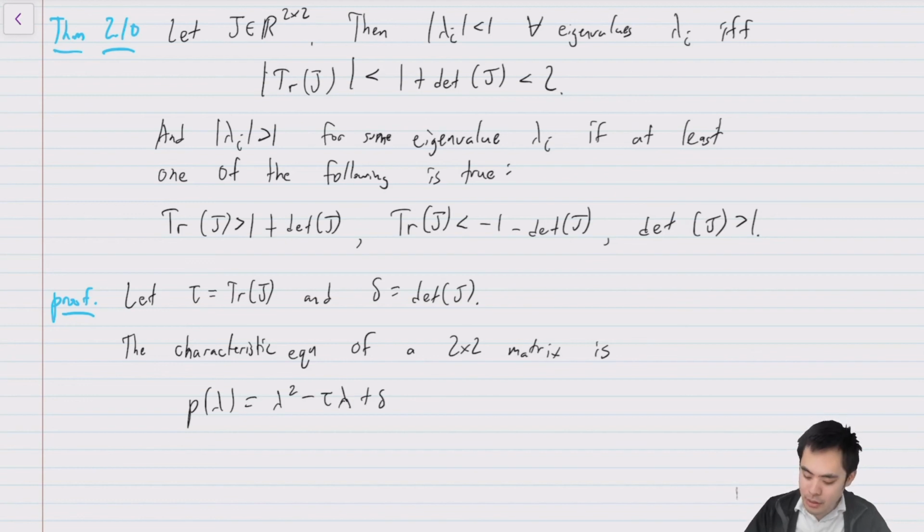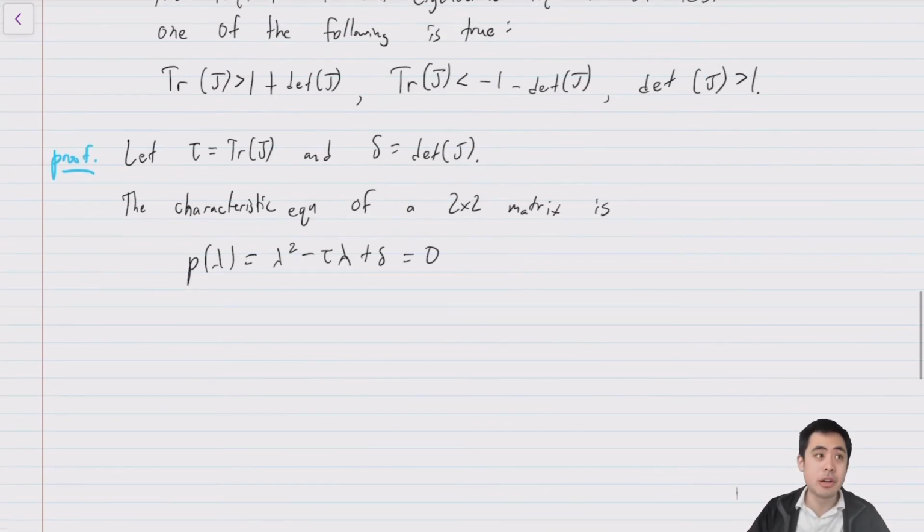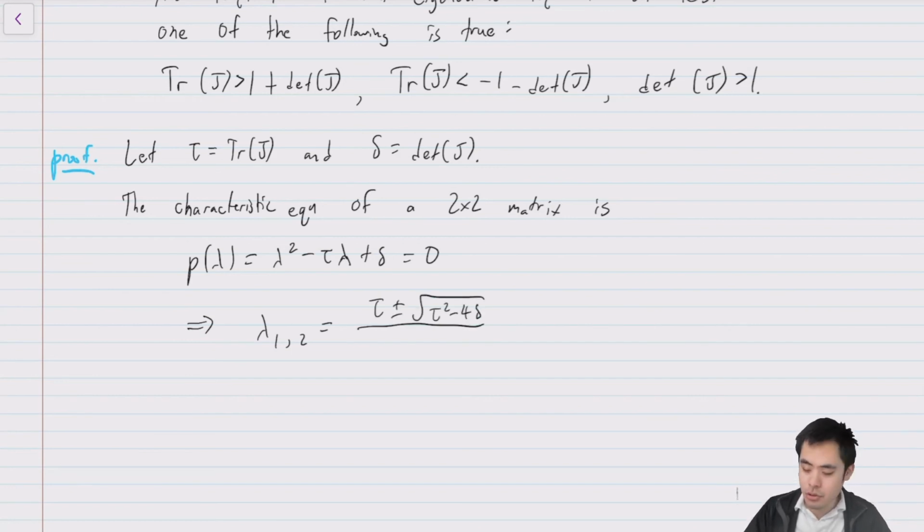This is something you should recall from your linear algebra class. And of course, applying the quadratic formula, you get that the two eigenvalues are equal to tau plus or minus the square root of tau squared minus 4 delta, all over 2.